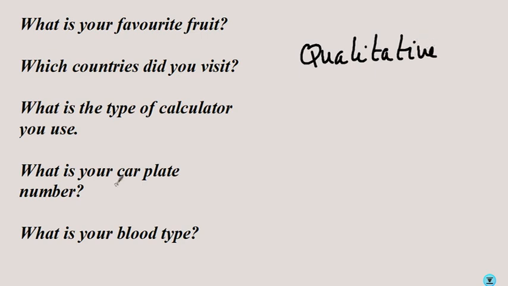And this includes the car plate number, which does not represent a quantity. And because all of those represent names or symbols of things, this qualitative variable is called nominal. There is no ranking. And if your blood type is A, it doesn't mean that it is better than blood type B.